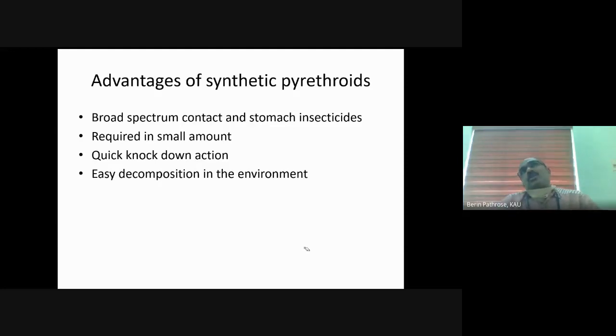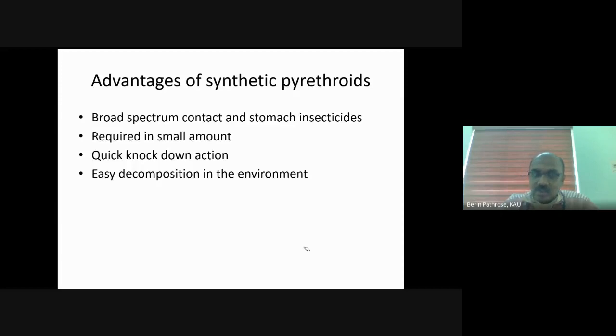I told you yesterday that in organochlorines we may require in the range of 2000 to 2500 gram active ingredient per hectare. For organophosphates, it got reduced to 500 to 1000 gram active ingredient per hectare. And in the case of synthetic pyrethroids, it got still further reduced to 200 to 250 gram active ingredient per hectare. So the quantity required is low.